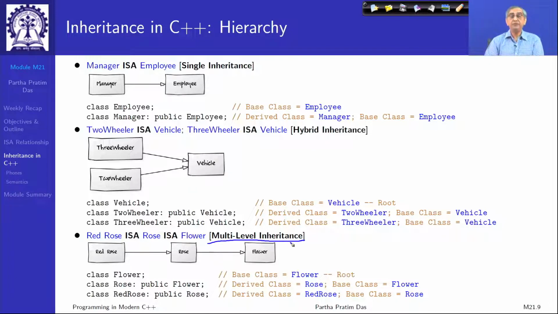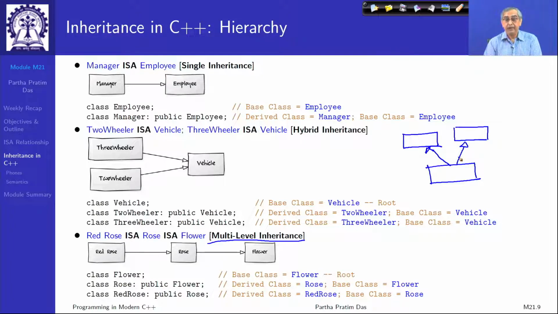There are other forms as well, particularly inheritance where there could be multiple base classes and one derived class which derives from both of them. This kind of a diagram. If this happens, then we say it is a multiple inheritance.